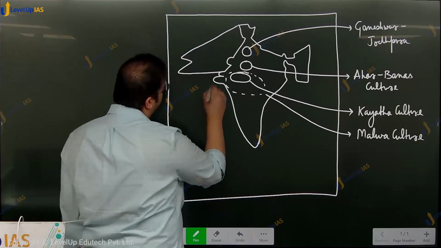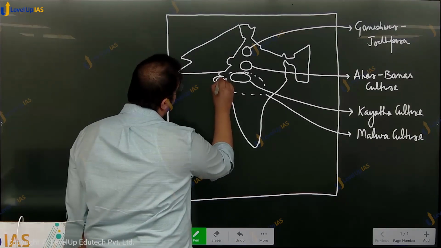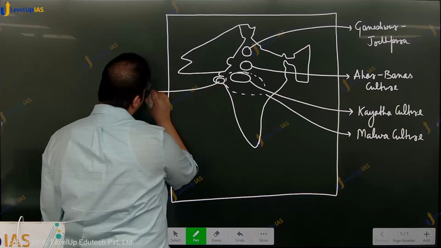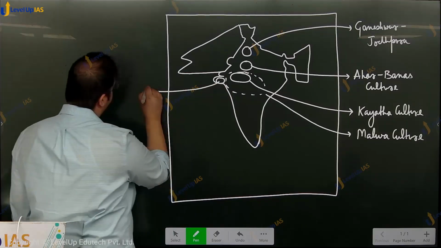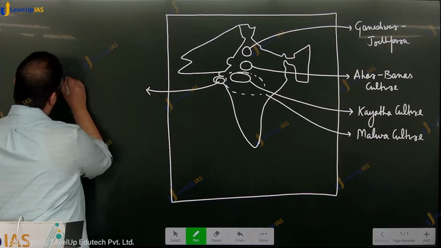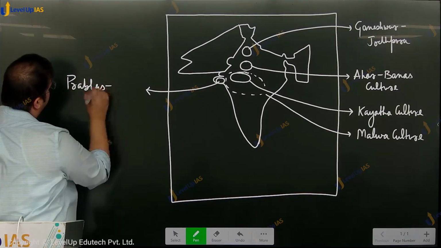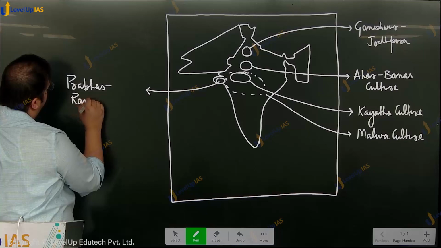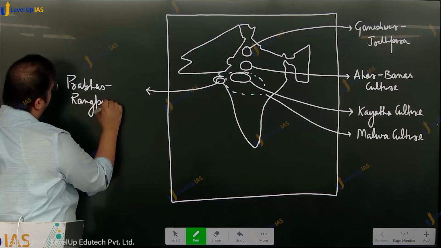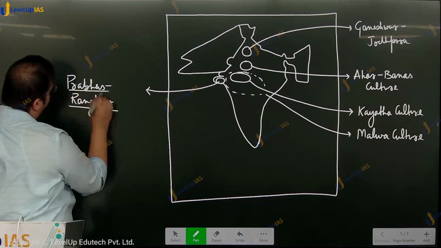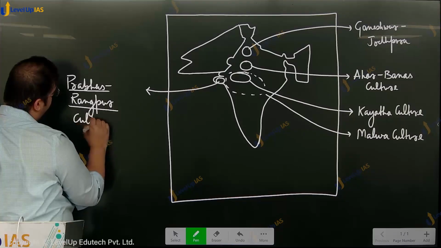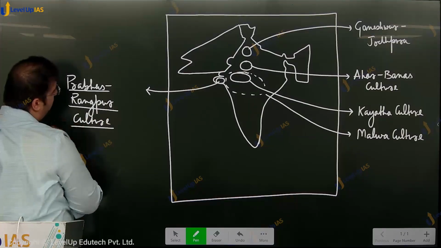Then, in the Saurashtra region of Gujarat, the Prabhas-Rangpur culture appeared, from around 2000 BCE.